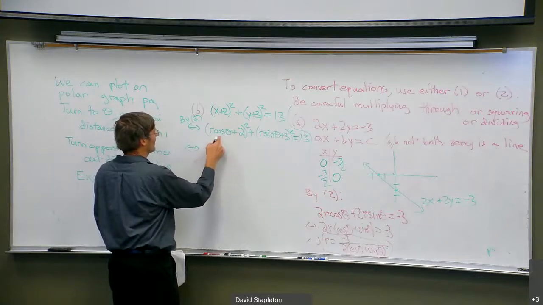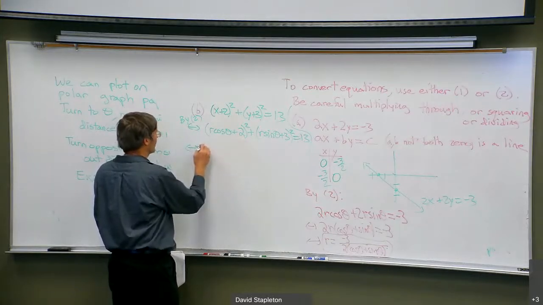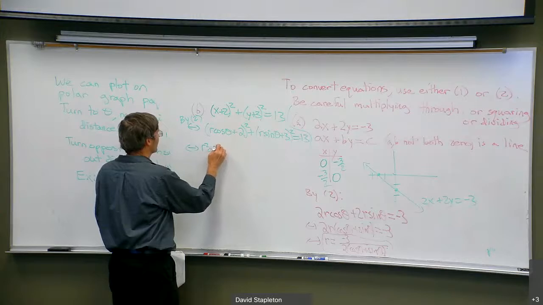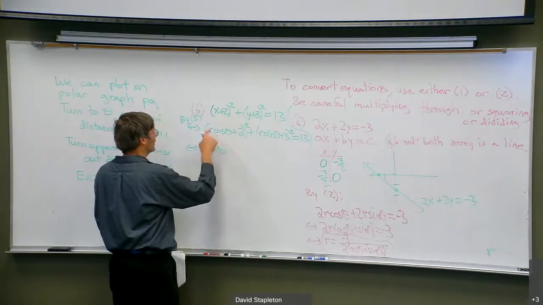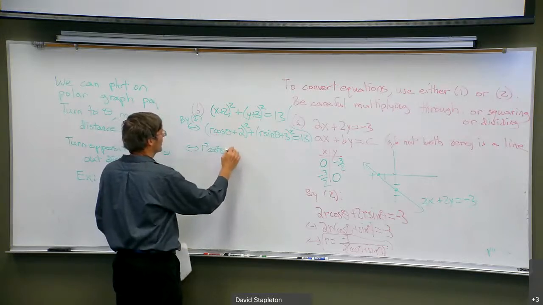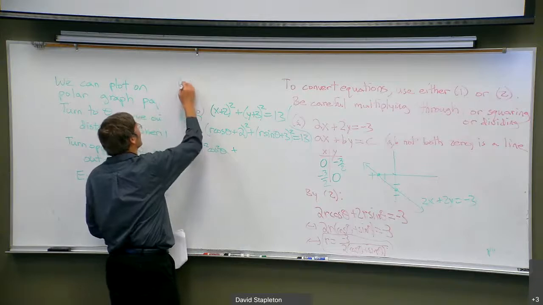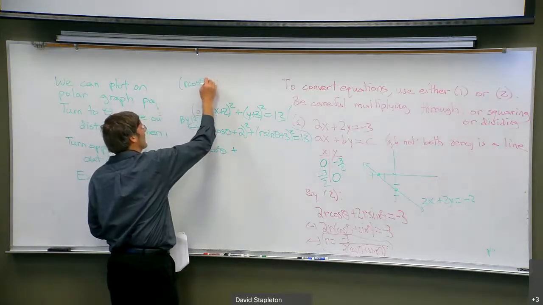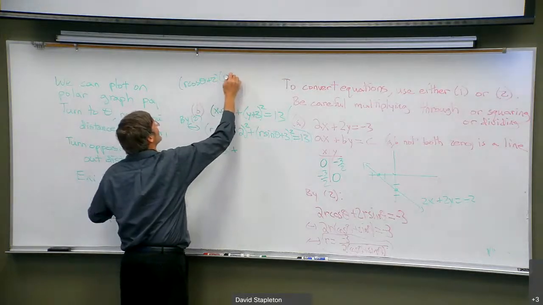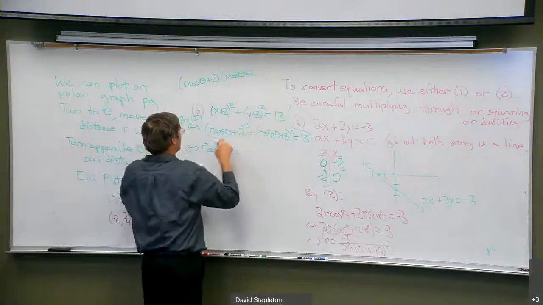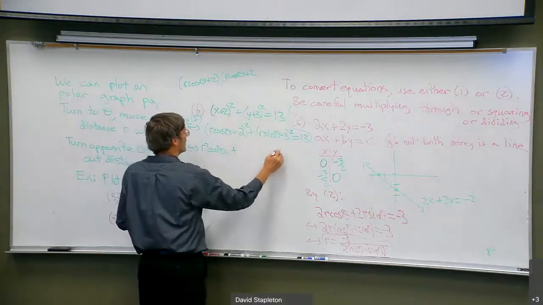So I've got from here, but you have to FOIL, be careful, right? It's r squared cosine squared theta, the square of this one, plus twice this times this by FOIL. Because if you multiply this out, r cosine theta plus 2 times r cosine theta plus 2, you don't get just this squared plus this squared.